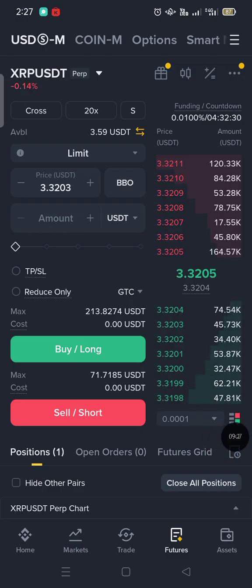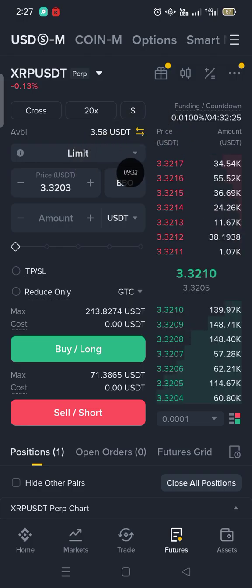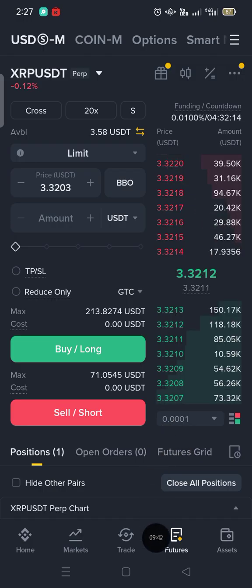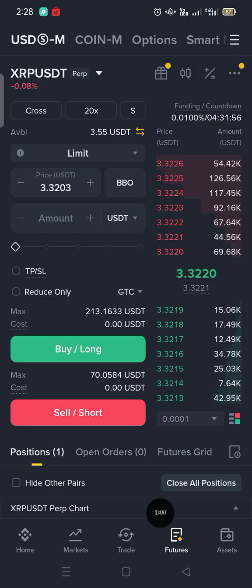when you're trading under cross mode, if you have a balance here and your position is open, and the market is against you, maybe you said the market was going to go down, then the market decides to go up, the deduction will be done on the balance.